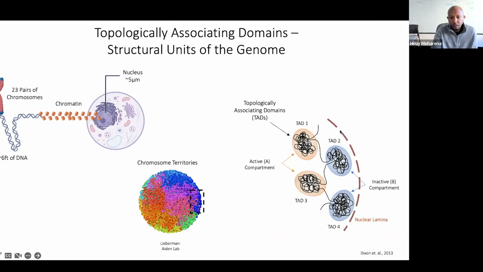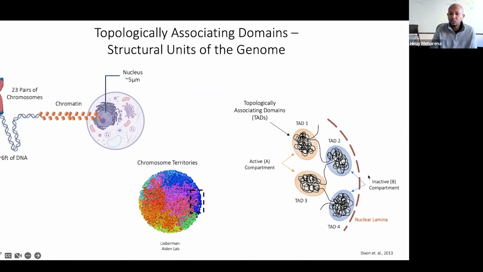And if we took a deeper look into a very specific region, there are these structural units of the genome known as topologically associating domains. So these are structural units that every cell has, and by reorganizing where these topologically associating domains are, we can change the gene expression levels. For example, towards the nuclear periphery, it's known as the inactive compartment or B compartment.